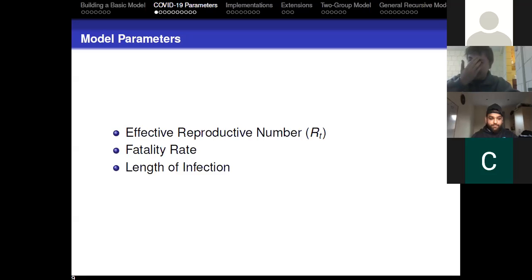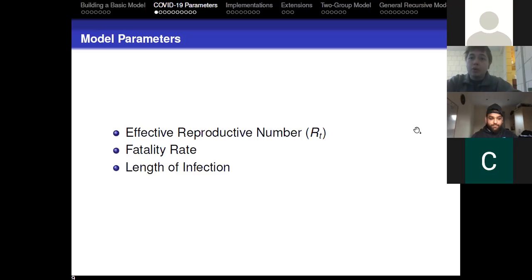One is the effective reproductive number, RT, which is essentially the number of people each infected person goes on to infect, and that's proportional to beta in the SIR model. We also want to look at the fatality rate, because that will determine, of the people moved from the infected to the removed category, what proportion will die versus recover from the disease.